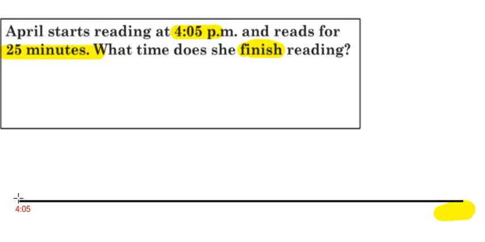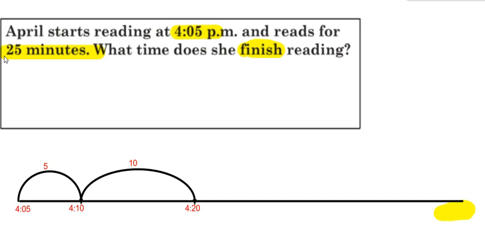4:05 plus 5. Yeah, let's do 5. Plus 5 will be what? 4:10. Good job. And now, because this number is a 10, I can go by multiples of 10 this time because it will be faster. So, 4:10 plus 10, 4:20. Good job. And now I'm going to check. I need to hop 25 minutes.